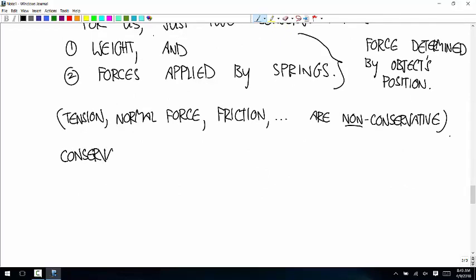Conservative forces can be thought of as force fields.